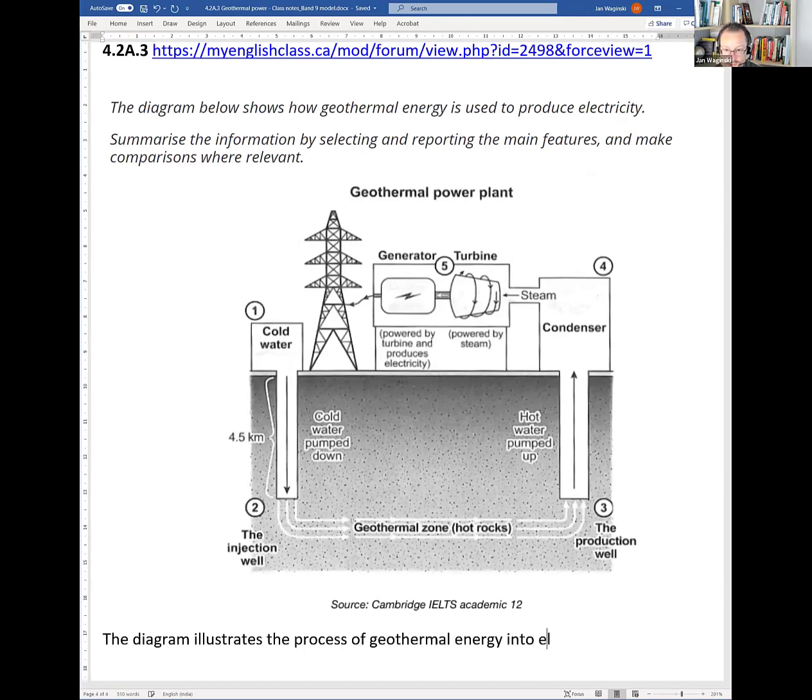Energy into electricity. You're missing a concept in the middle. You're missing something here. The process of, hold on. Process of what? Of what geothermal energy into electricity?